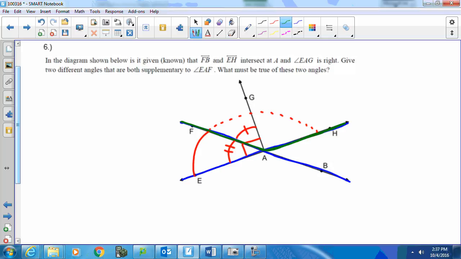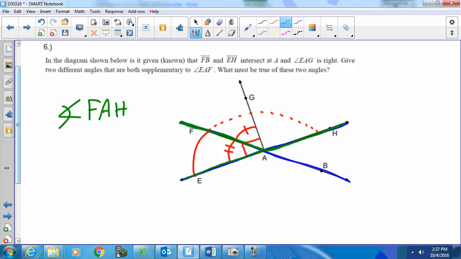So this angle and this angle make 180 degrees. So that angle is angle FAH. That's one angle that is supplementary with EAF. Okay, so we need another one.